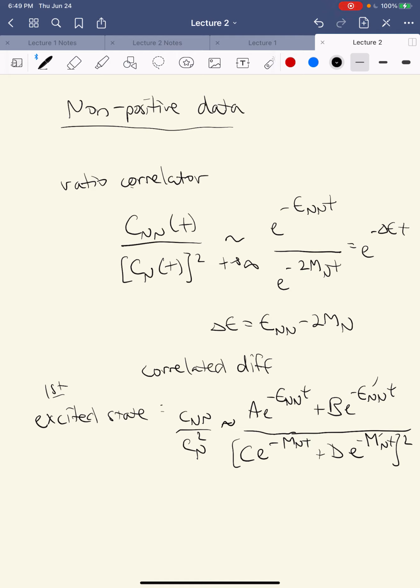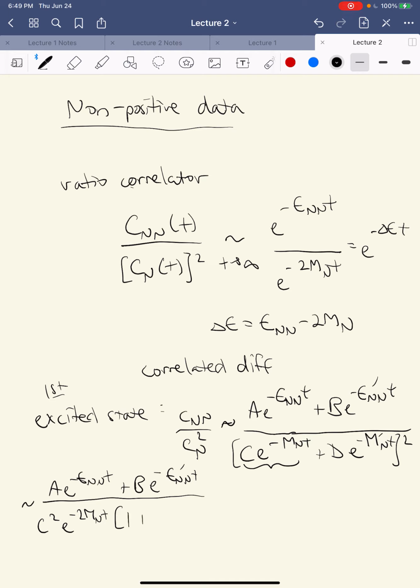Okay, so now I can pull out a factor of this. I'm going to get a C squared e to the minus 2 M_N t.